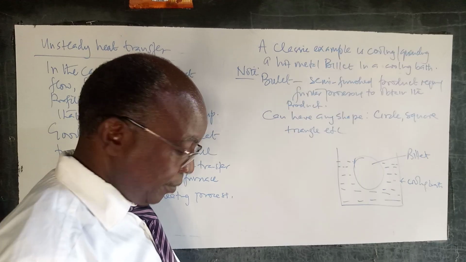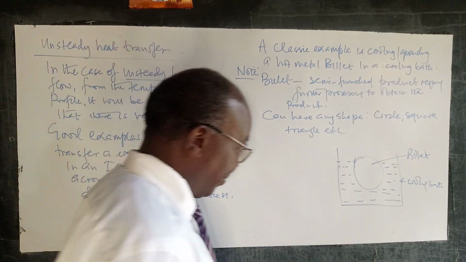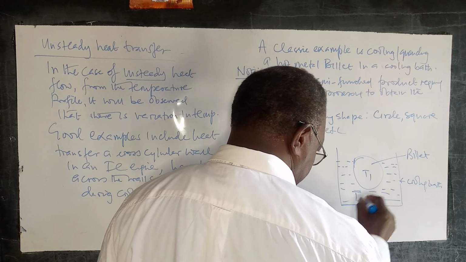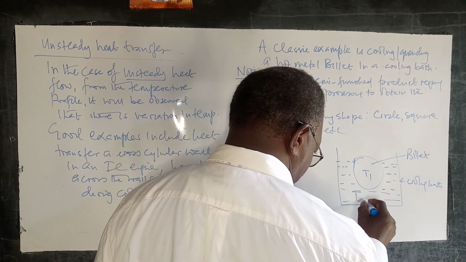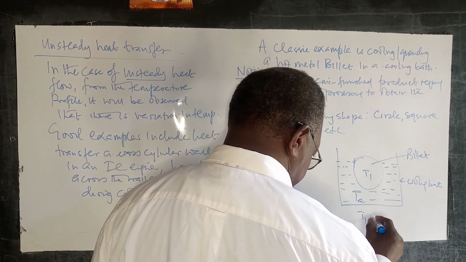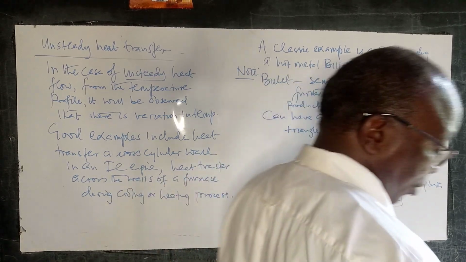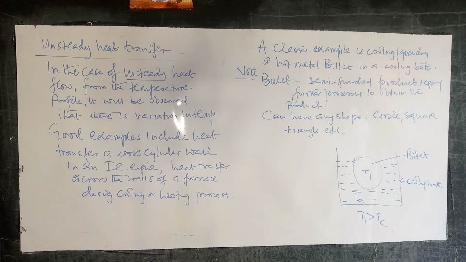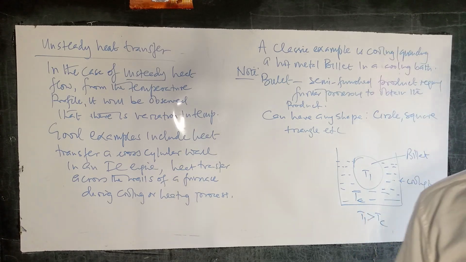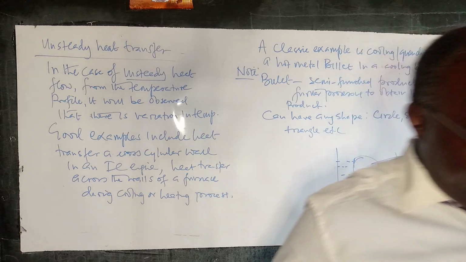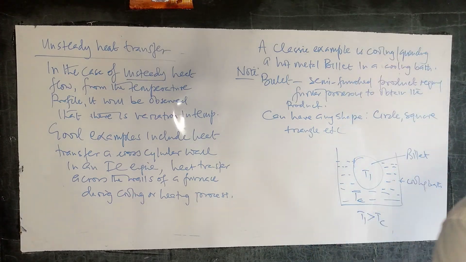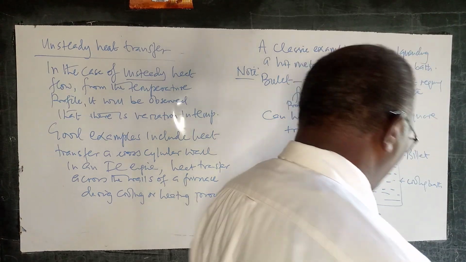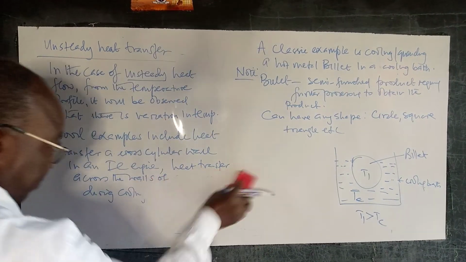It could be an oil bath, it could be a water bath. So let's just say that the temperature of the billet is T1 and the temperature of the cooling bath is Tc. T1 is definitely greater than Tc, because there must be a temperature differential for heat to be transferred from one body to the next body. And we are assuming that the heat lost from the billet will be equal to the heat gained by the coolant of the cooling body.